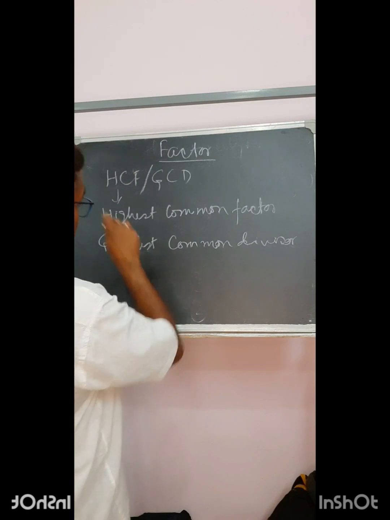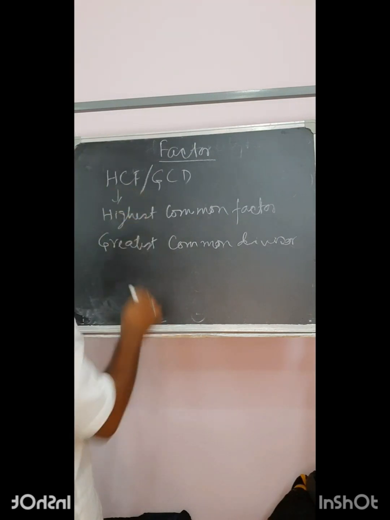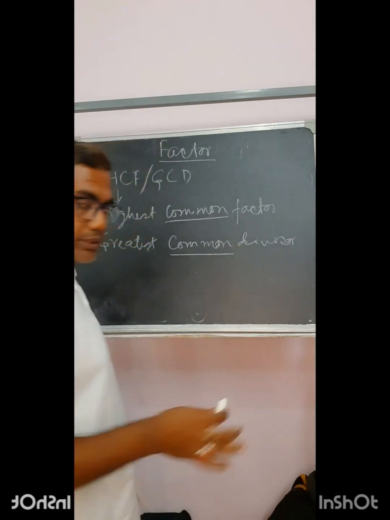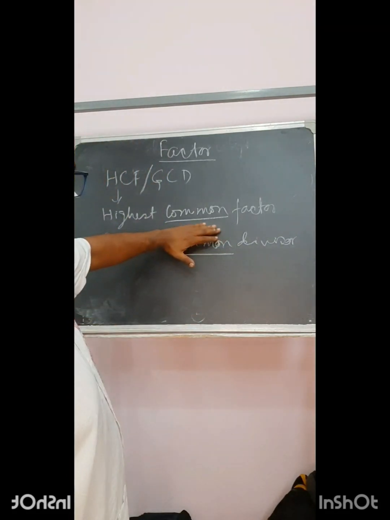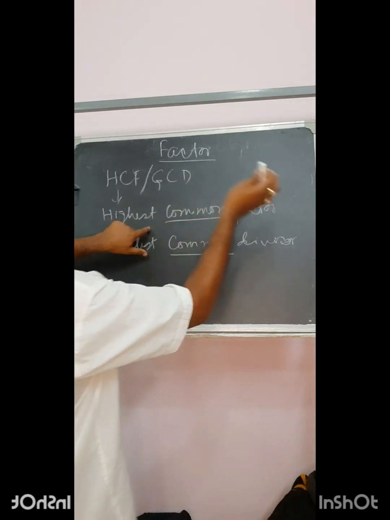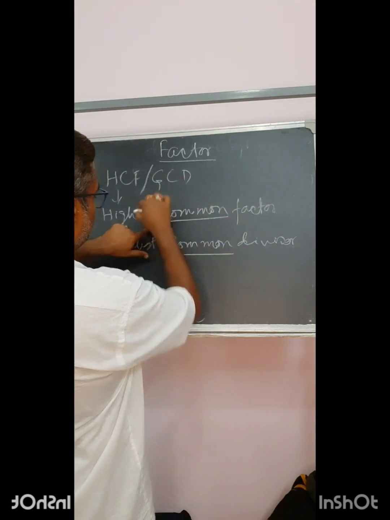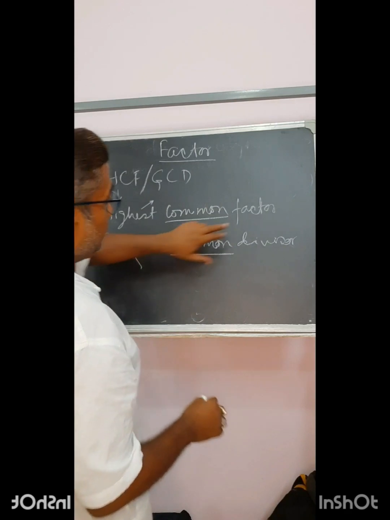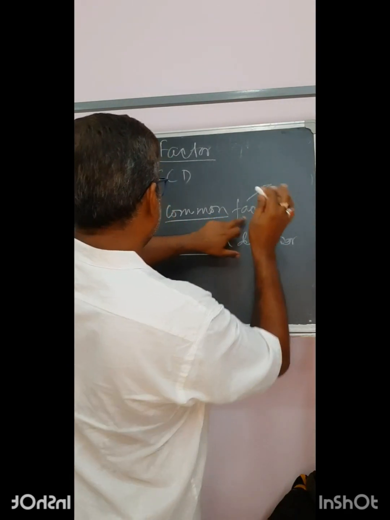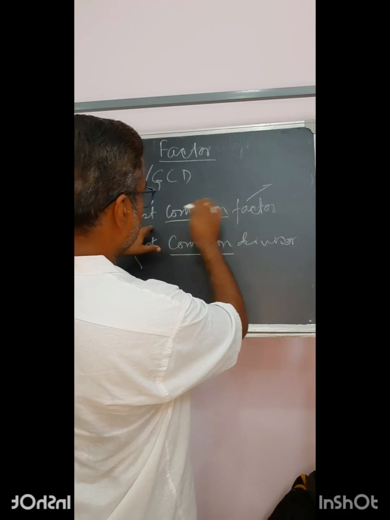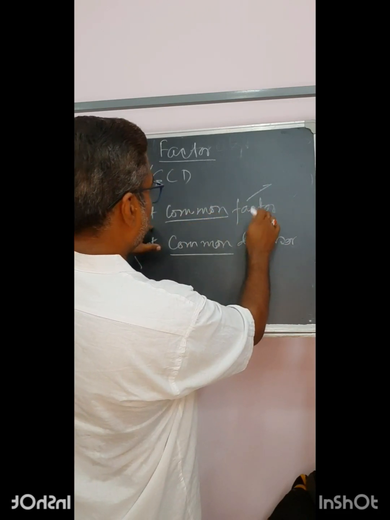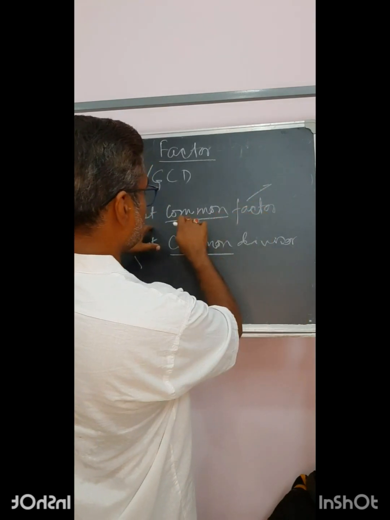So if I say the highest common factor, that means this common thing only will come when we compare two numbers. That you can understand from this term. Highest means out of the common you have to take the highest or the greatest one, and factor means, as we already told, the number that I will choose has to be a factor of those numbers together, because it is common.